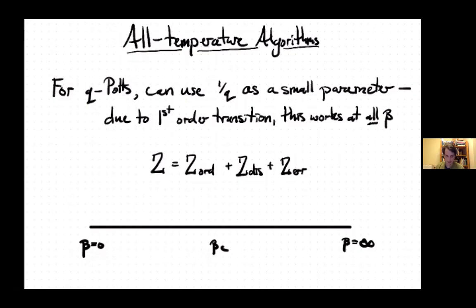And the basic way that this works is that you split up the partition function into 3 pieces. There's an ordered piece and a disordered piece and an error piece.